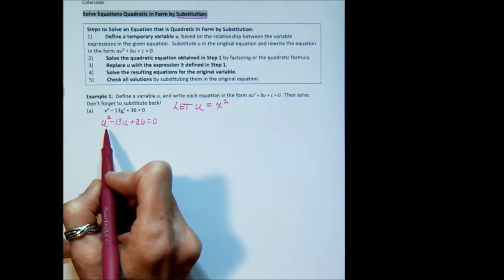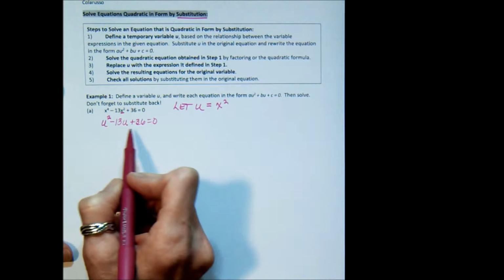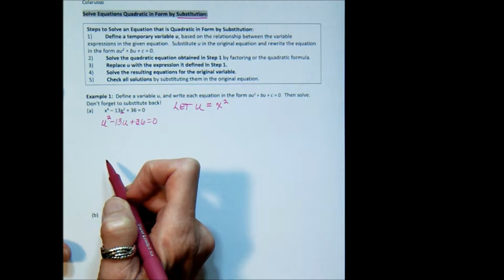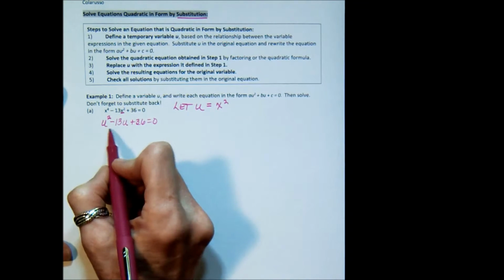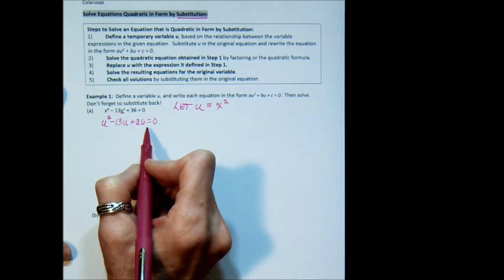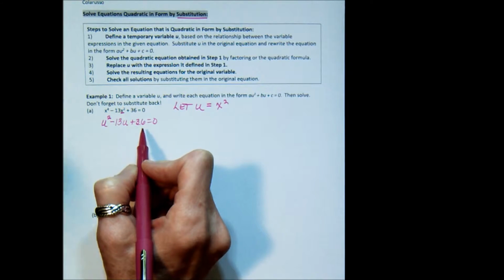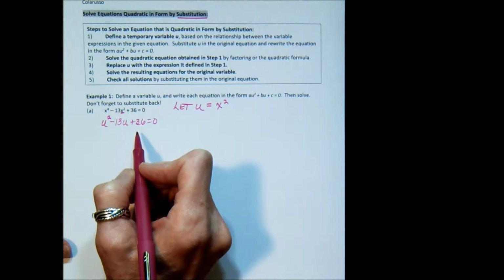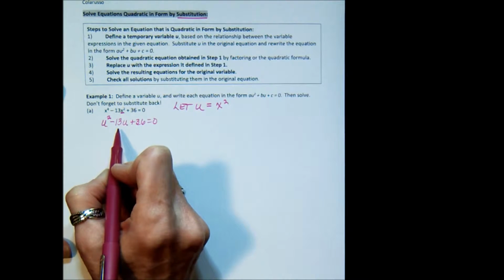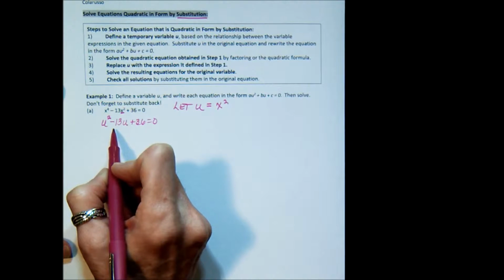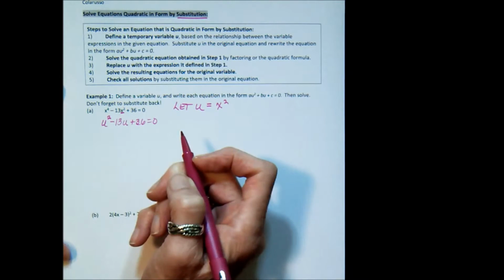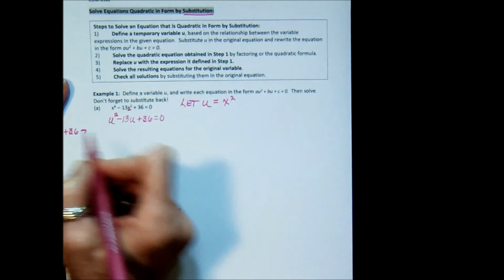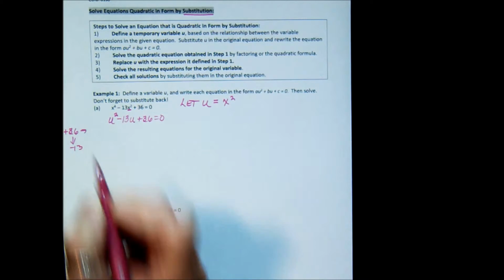And now what you have is an equation that you recognize. It's quadratic. Its highest exponent is a 2. So now I can solve this by any of the methods I know for solving. It's not a good candidate for the square root property. It's not a good candidate, in my opinion, for completing the square because my middle term is odd. So I'm going to try factoring, and if that doesn't work, I'll use the quadratic formula. So I need factors of positive 36 that combine to make negative 13.